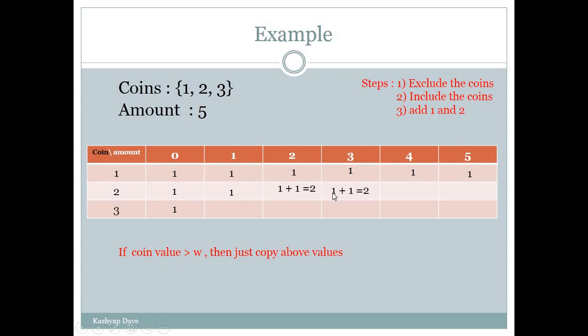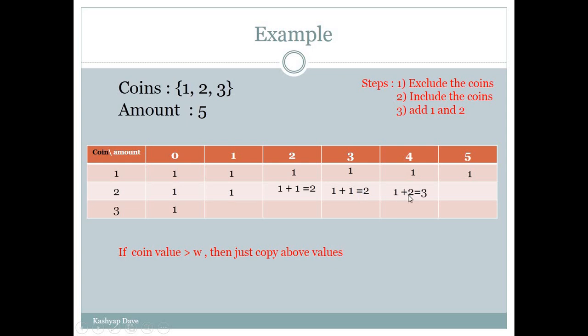So place 1 here, plus include the coin, meaning if we have 2 rupee coin and 1 rupee coin both, then deduct this 2 rupee from this amount, 3 minus 2 means 1. So go to the 1 in this row. At the 1 we will have this 1 here. So 1 plus 1 will be 2.